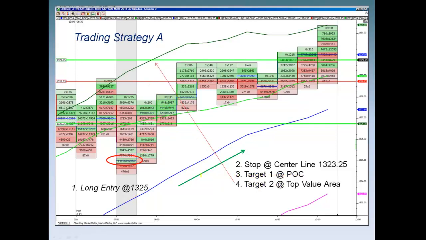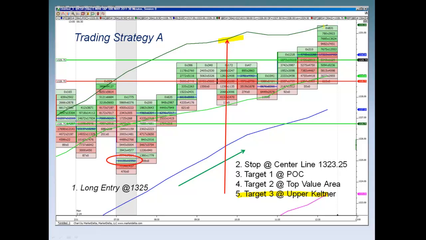Now, the next thing we look at in terms of our next target is the top value area. The next level that we are likely to reach as a target is the upper high value area for the day, and this would be this level here. And the next target that we would get to, and this is very optimistic now, is if we could reach the outer Keltner.